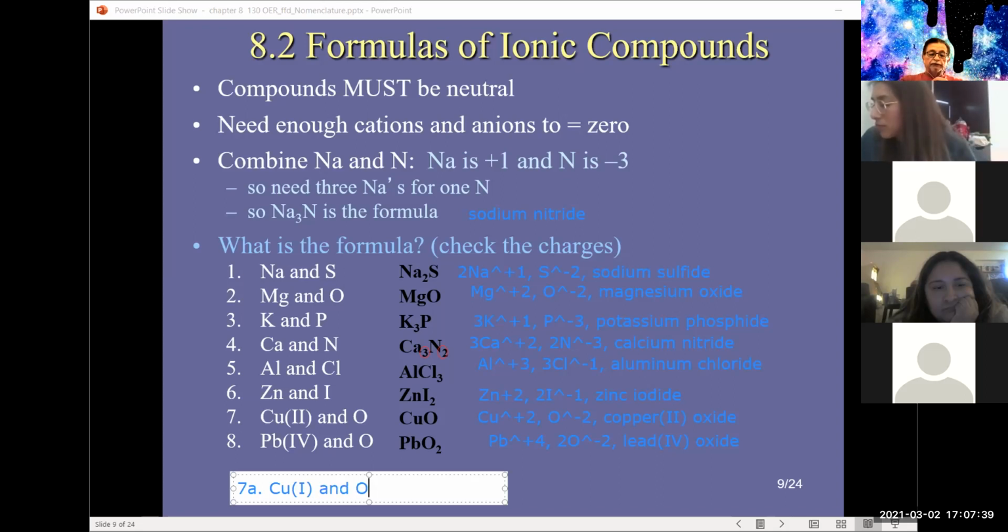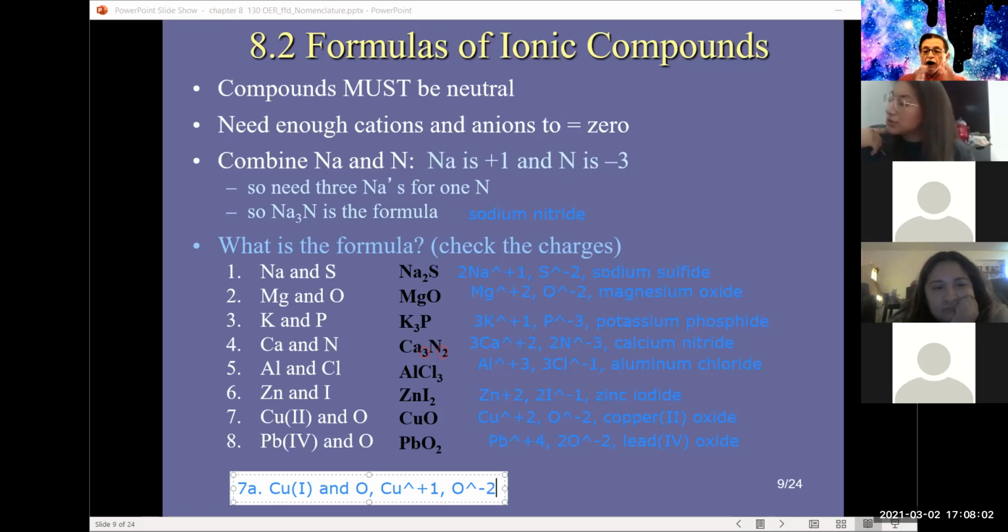What if they said that? Well, that means that they're using copper 1 oxide. And so when we write the ions, Cu +1, plus the oxide, which is a -2, that's our formula.